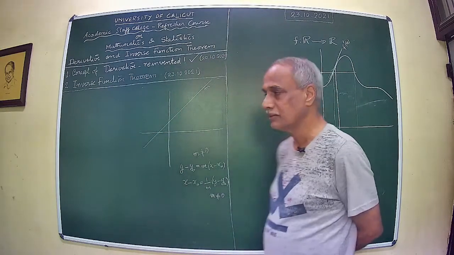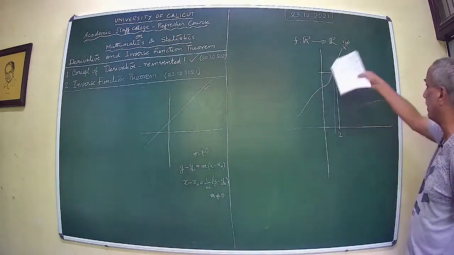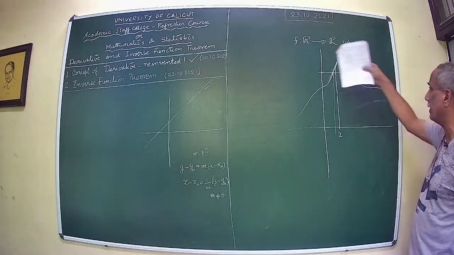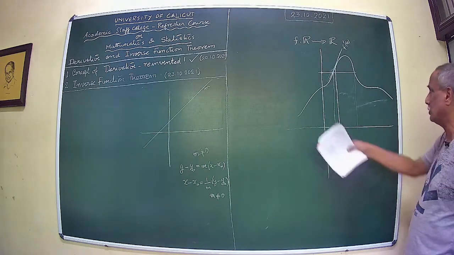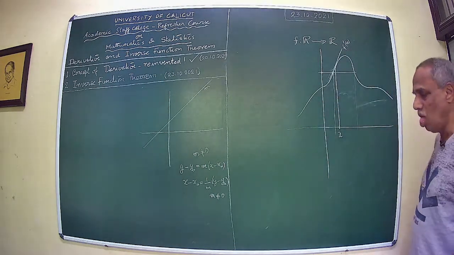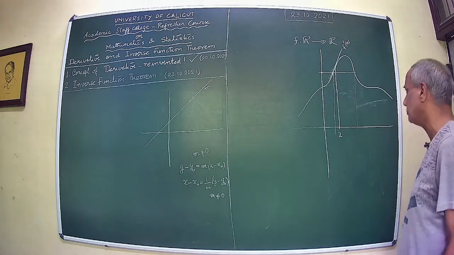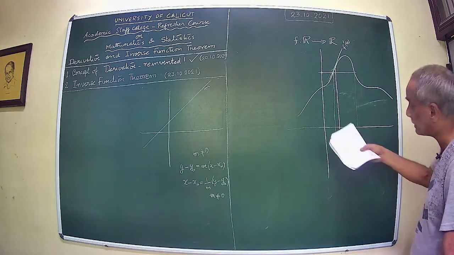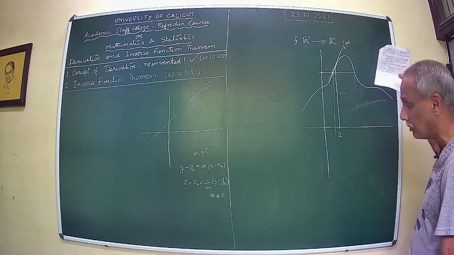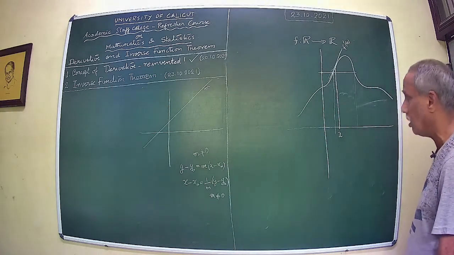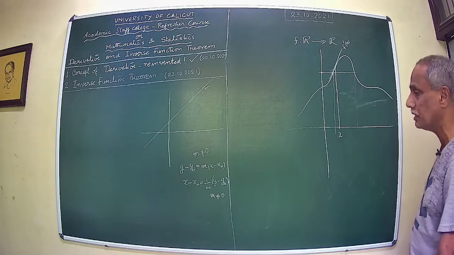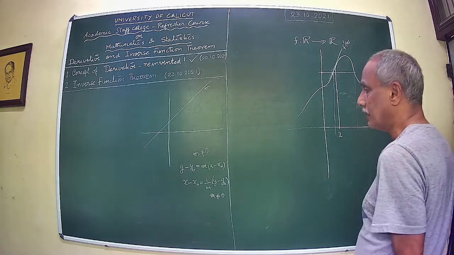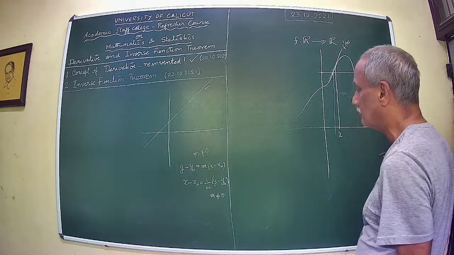There are several points where the derivative is not equal to 0, but that does not mean that the function is invertible. For instance, if you take a strictly monotone function, monotonically increasing or monotonically decreasing, then you can invert it because you get a one-to-one map.